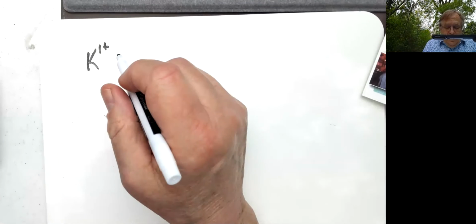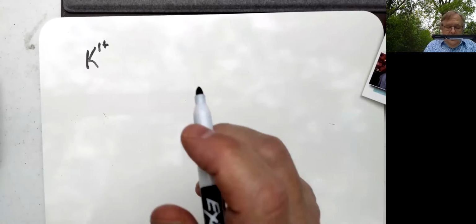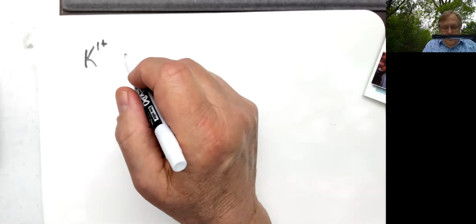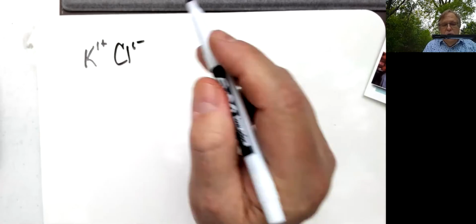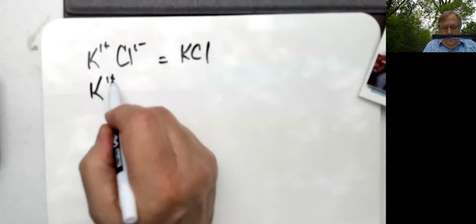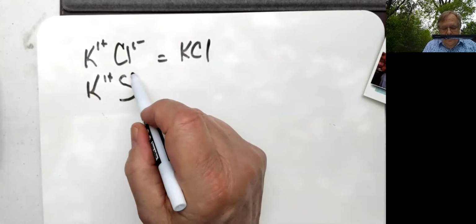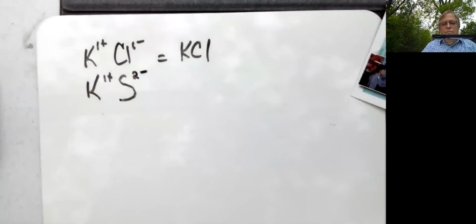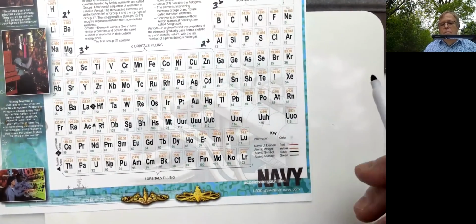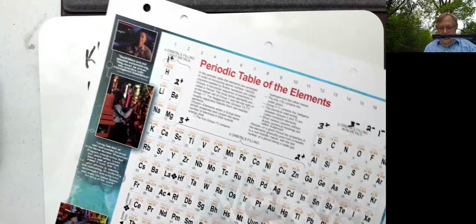All right, so here is positive 1 because it's in the same family as sodium. And then what if we put potassium with chlorine? Well, that would be no challenge. But what if we put it with oxygen or something in the same family as oxygen? Sulfur. Okay. See over here, sulfur's in the same family as oxygen, so I'm going to use a -2.